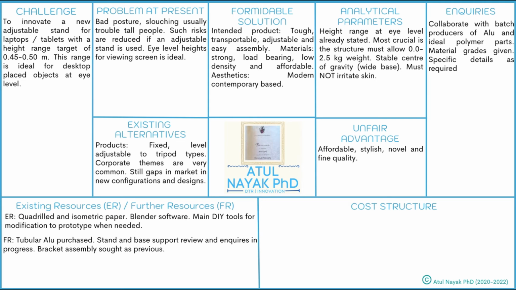Now we look into the bottom left-hand corner of this row. So we have existing resources, short form ER, and further resources, noted as FR. So start with ER. Quadrilled or isometric paper for scaled 2D and 3D diagrams respectively, and that can be easily drawn by hand. More of a computer-aided design approach, or CAD, and this one is free.